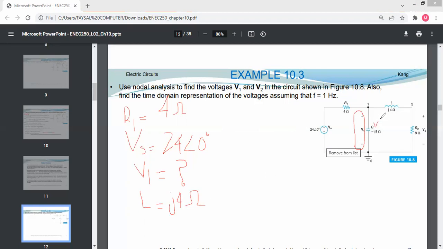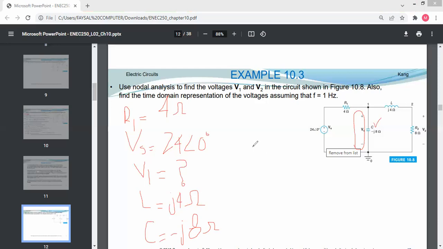Now this is the C value, which is also given: C equals minus J8 ohm.